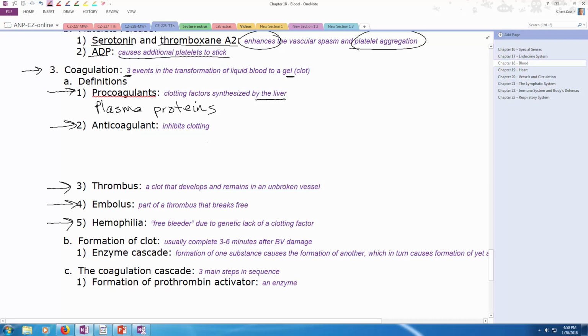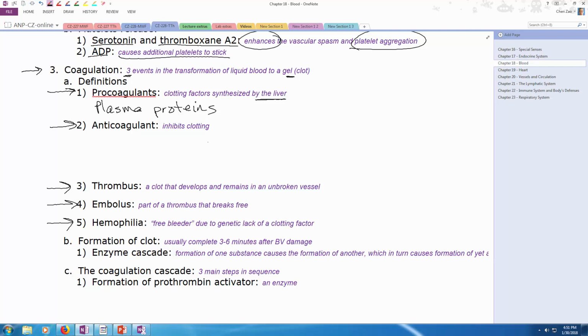Anticoagulant, of course, means against coagulation. And what's important is we have natural anticoagulants circulating in our bloodstream all the time. And that's to prevent any procoagulant from accidentally starting coagulation.